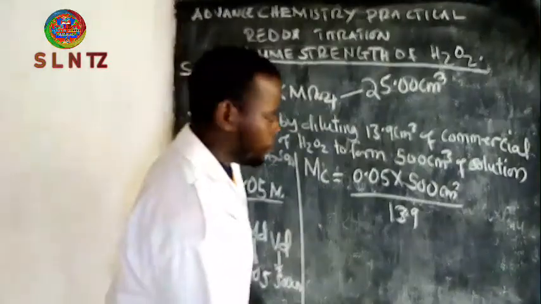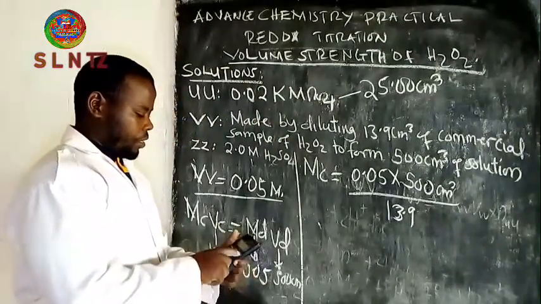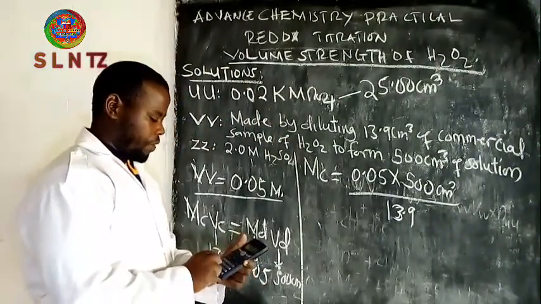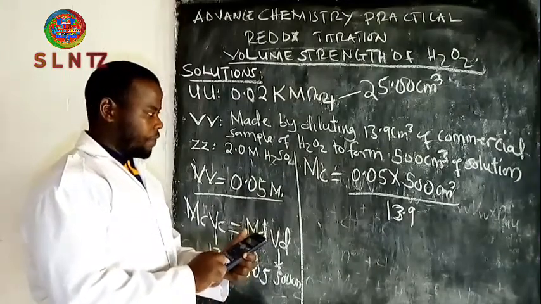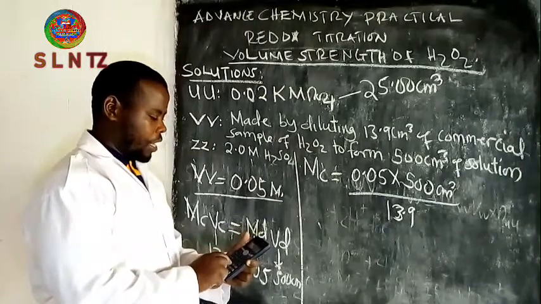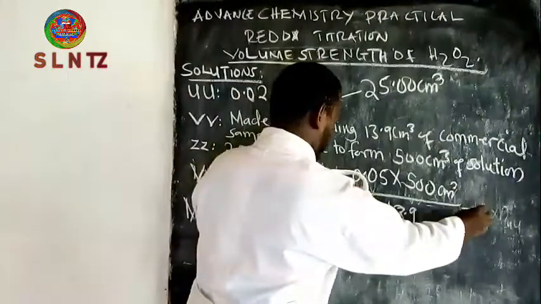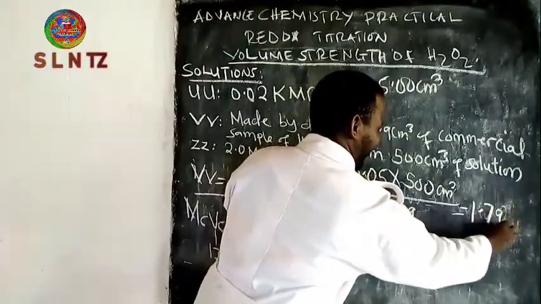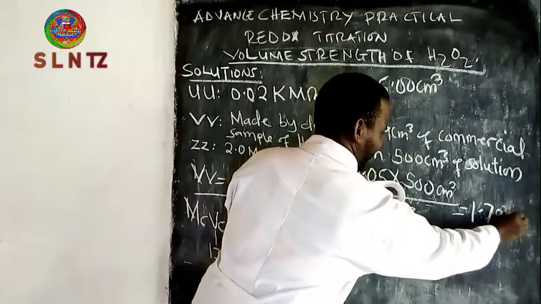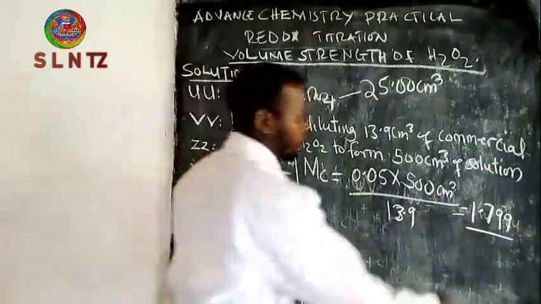So when you solve this, 0.05 times 500 divided by 13.9, the answer is 1.799 after approximation.